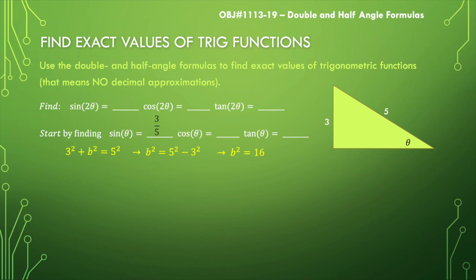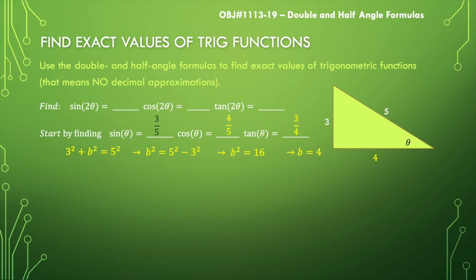And in this case, since we're dealing with just a distance, b would equal 4. Okay, so if b is 4, that means now I can identify the cosine of theta, and the cosine of theta would be 4 over 5. And the tangent of theta would be, what? Yeah, you're right, 3 over 4.